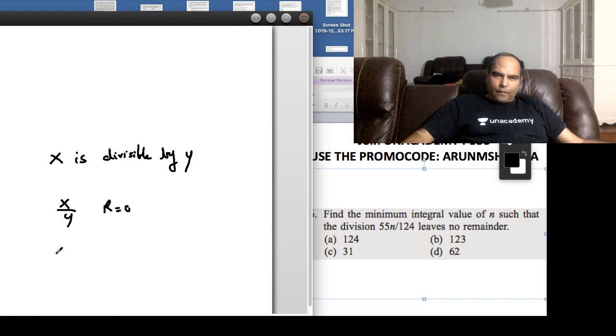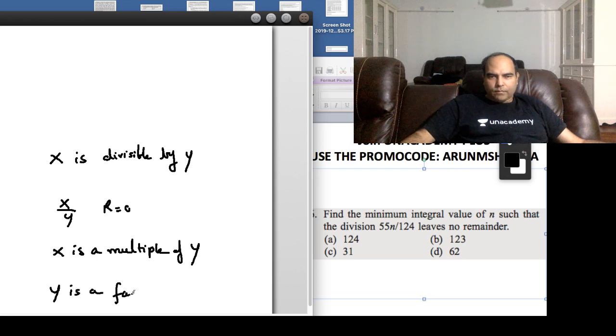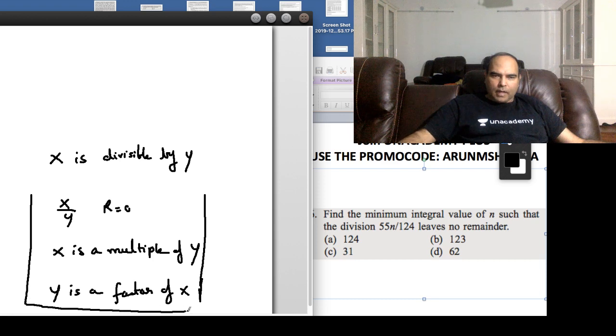You say x is divisible by y when x is a multiple of y. And you say x is divisible by y when y is a factor of x. It happens in 3 dimensions. But there's a fourth reason when you talk about divisibility.